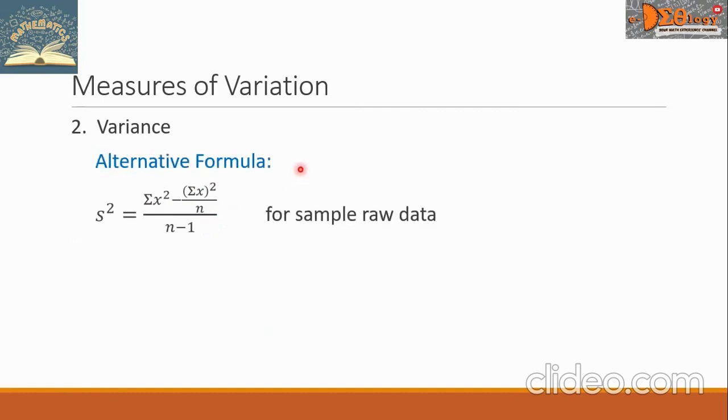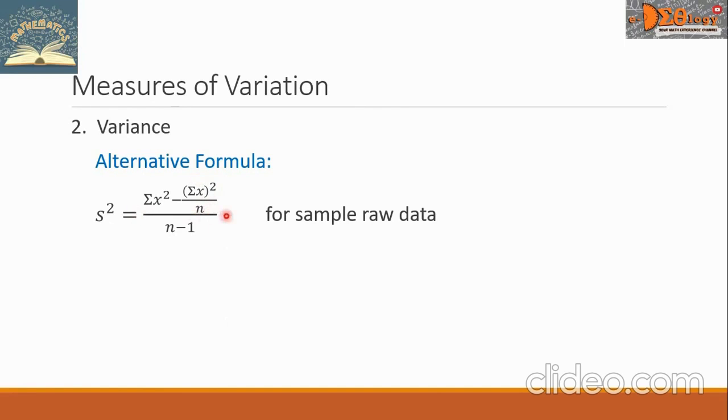Now we have an alternative formula. This formula is not using the value of the mean. This is for sample raw data. So we have S square, this is the variance, equals summation of x square minus the fraction whose numerator is the square of the summation of x all over n.